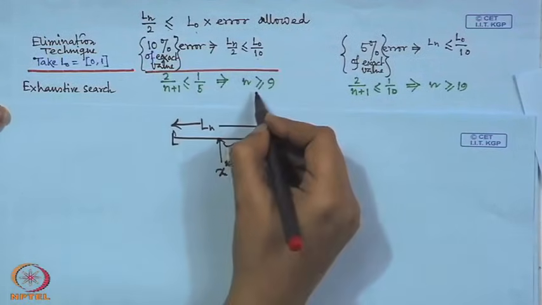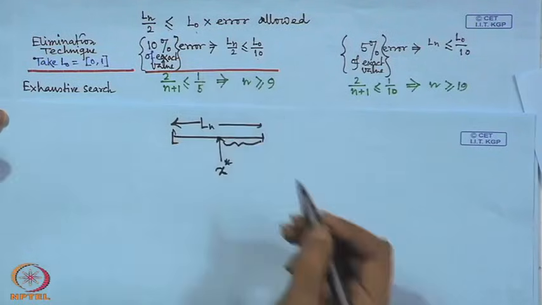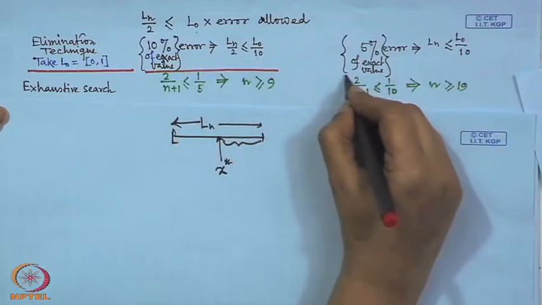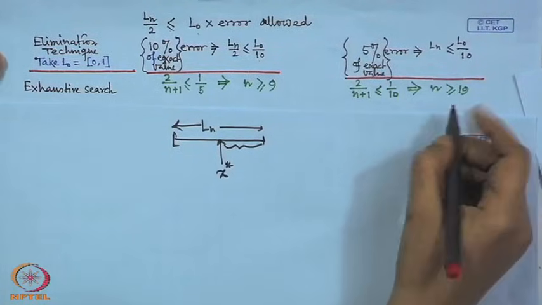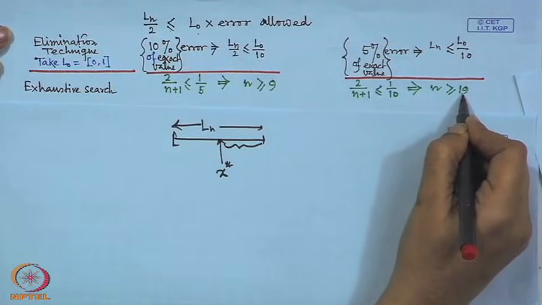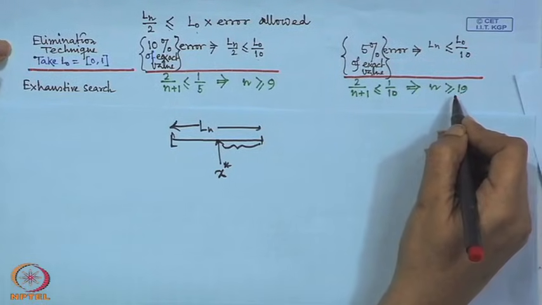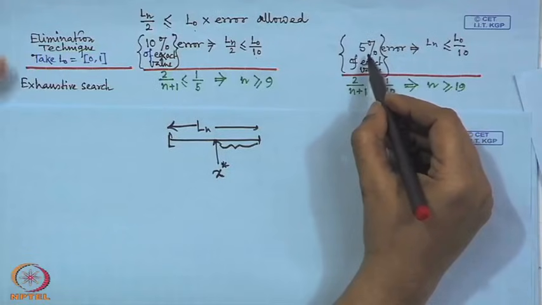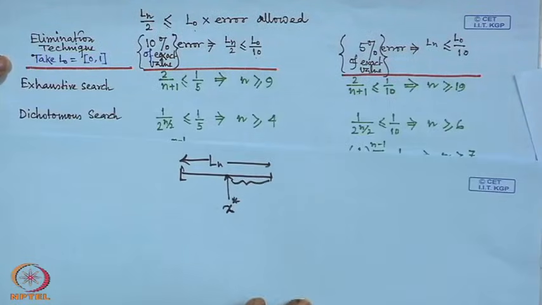That means we need to do at least 9 experiments to get this level of accuracy. And if we consider 5% of the exact value, we have to make at least 19 approximations to get an accuracy of 5% of the exact value. This is for exhaustive search.